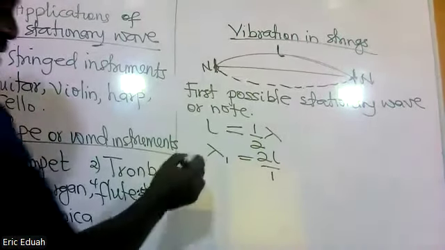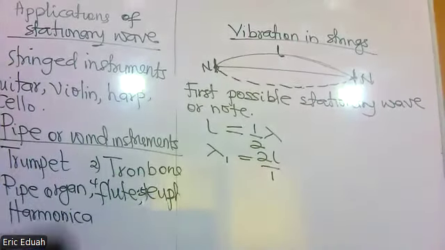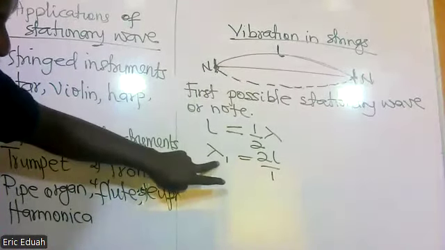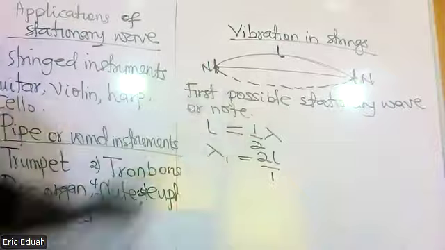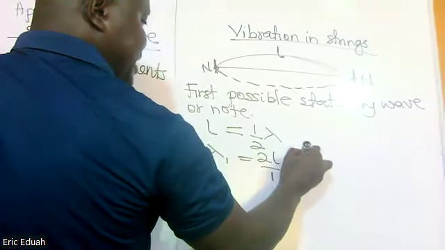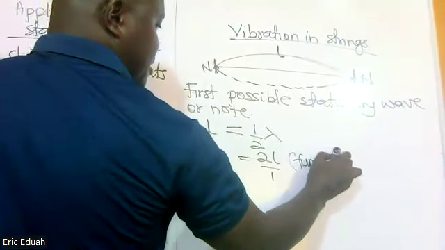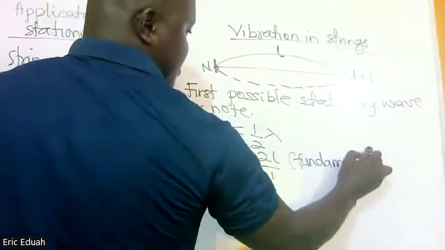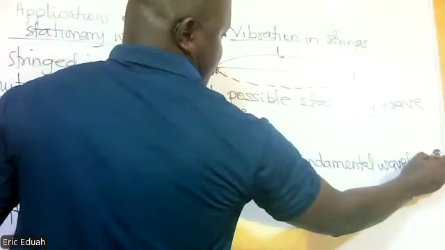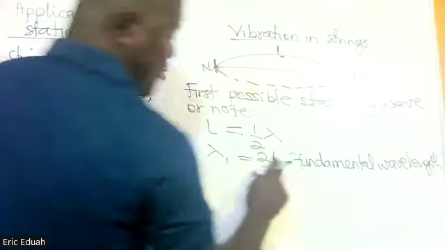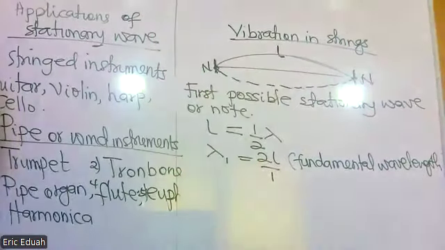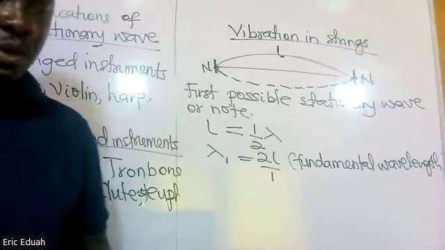I said that stationary waves are formed with a particular wavelength and frequency. So this is that particular wavelength which will form this. And this is known as the fundamental wavelength. So the fundamental wavelength is equal to 2 times the length of the string.